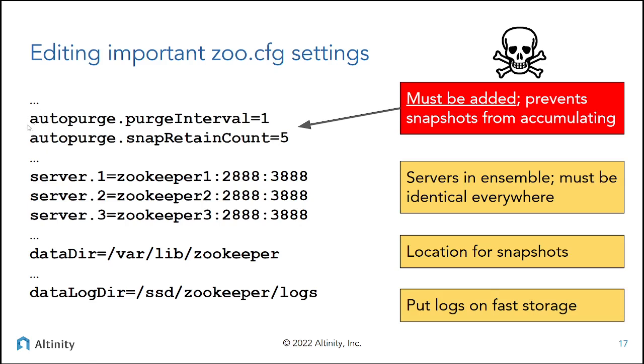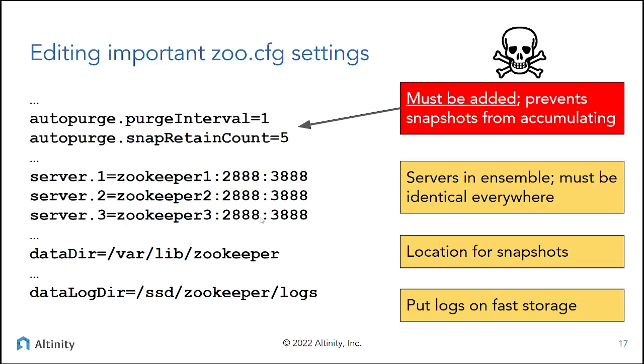What this is saying is every hour we're going to look around to see if there are snapshots we can get rid of, and we're going to keep a snapshot count of 5. That means we'll have at most 5 snapshots, and this keeps them from just accumulating indefinitely and filling up your disk. When that happens, Zookeeper stops, and it's really bad. So you don't want that to happen.